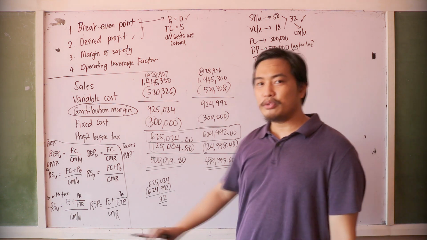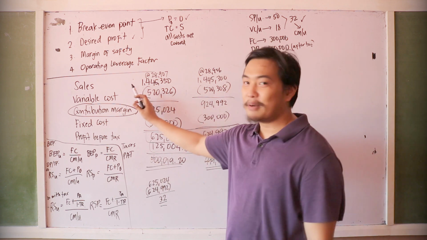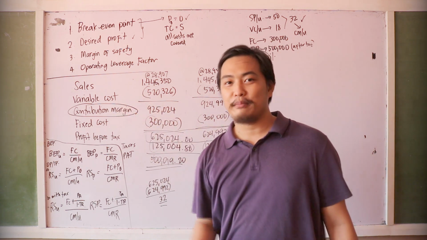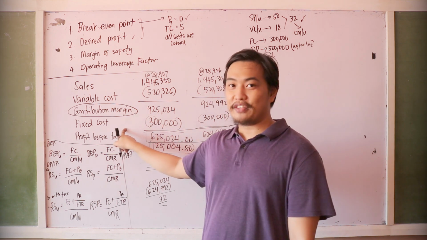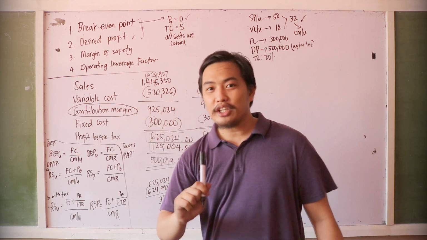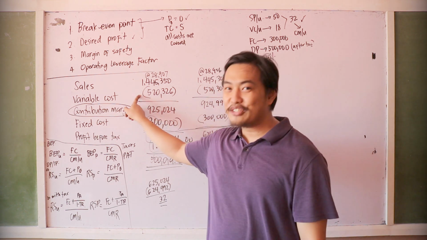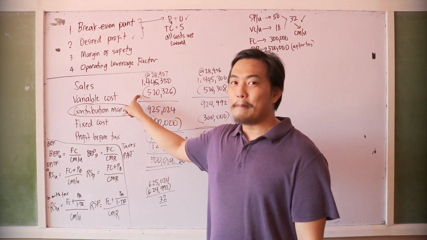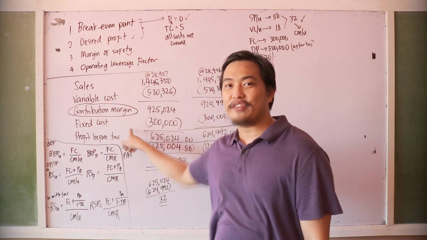Now, what is contribution margin? Contribution margin is that portion of your selling price that is not consumed by your variable cost, and therefore, it contributes to the coverage of your fixed cost. Kasi nga, per unit of product, dahil may portion dyan na variable, i-cover na niya yung sarili niyang variable cost. But, yung tira, it will be used to cover your fixed cost.